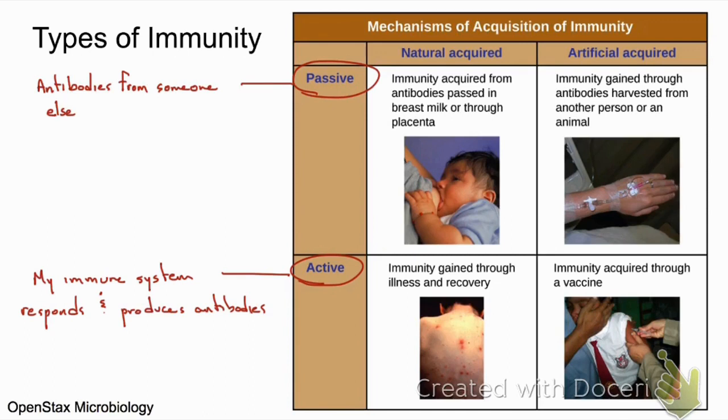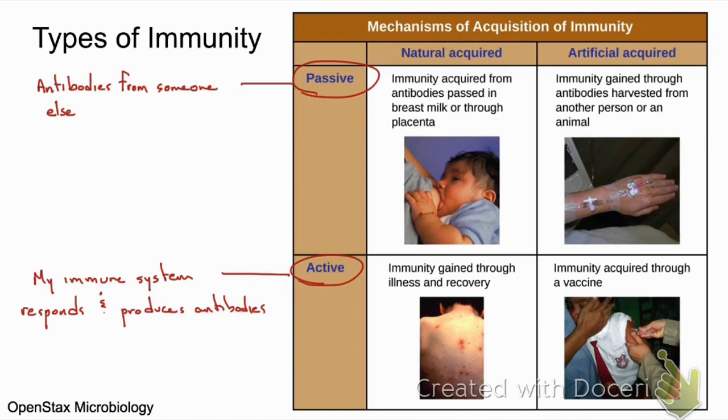Because babies have a naive immune system during the first 6 months, they receive most of their antibodies from mother's milk. In artificially acquired passive immunity, this would be the use of antibodies or an antitoxin to prevent a toxic shock or toxic disease within an individual.